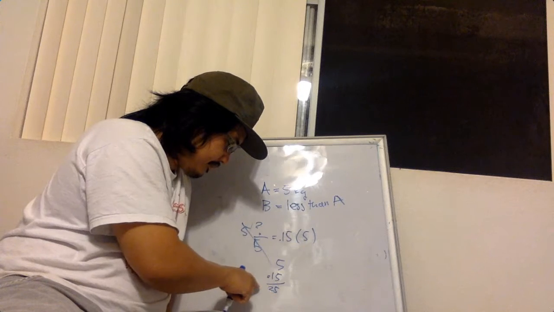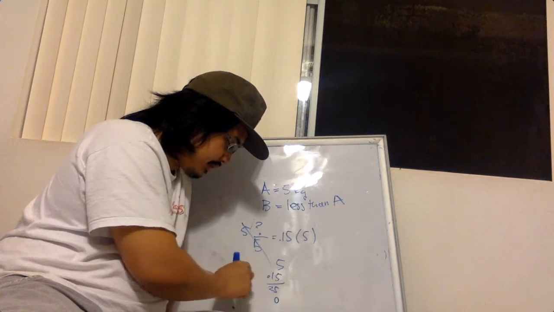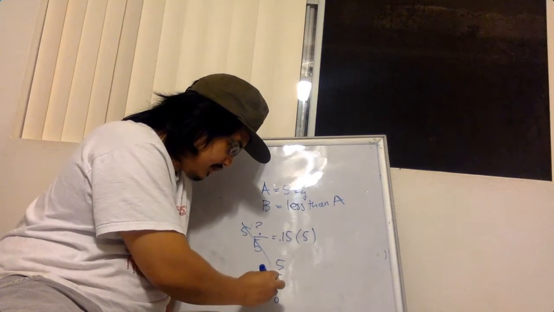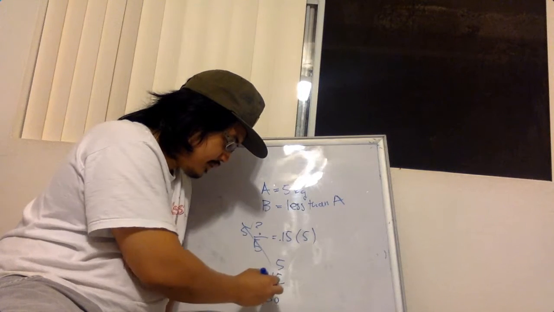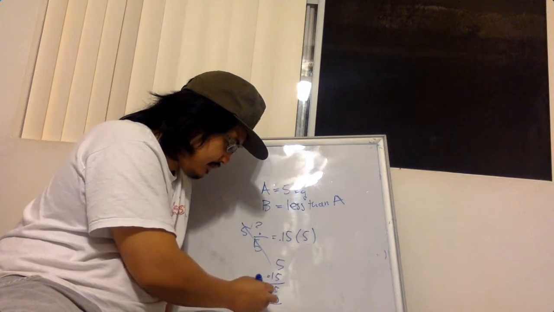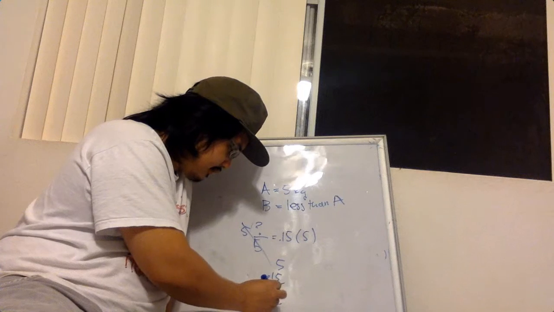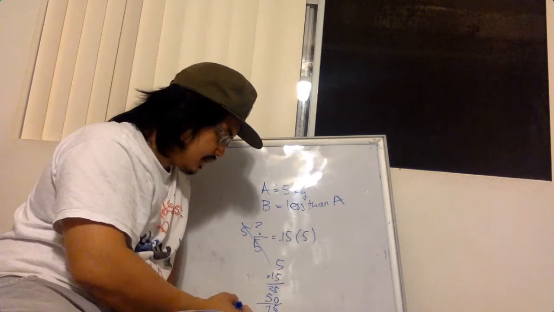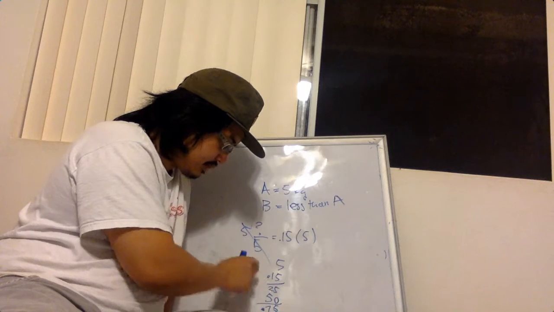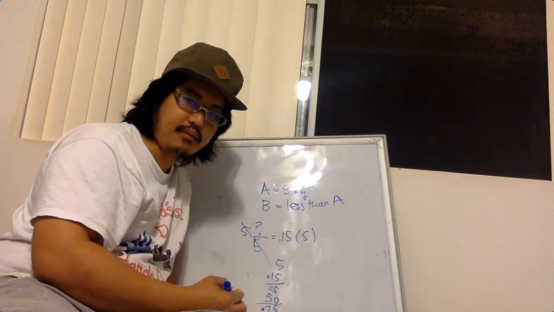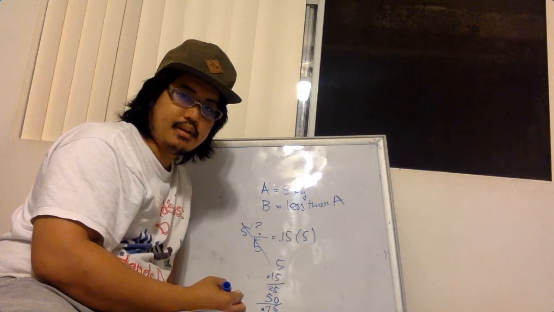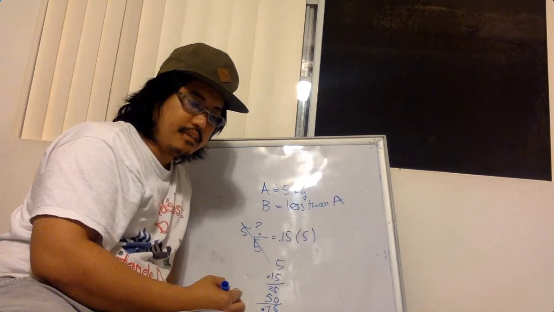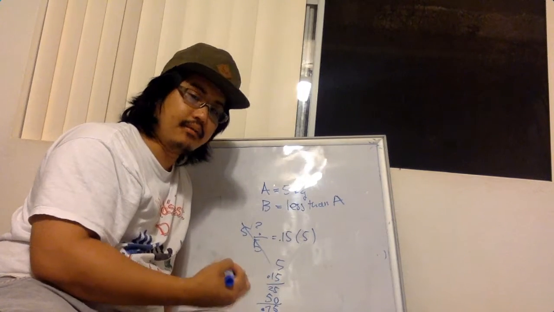I'm done with that place, and then I get an extra 0 place marker. 5 times 1 is 5. So I add those up and down, and I end up getting 75. And then I account for those 2 extra decimal places, so it's 0.75. So package B is 0.75 kilograms.